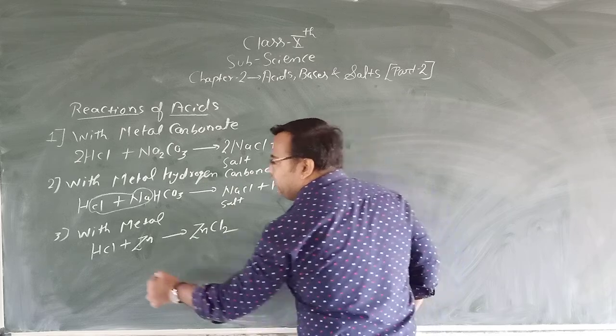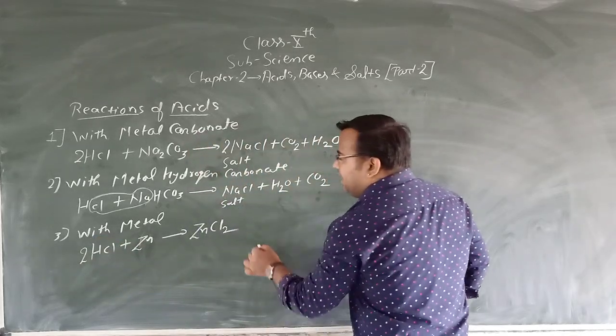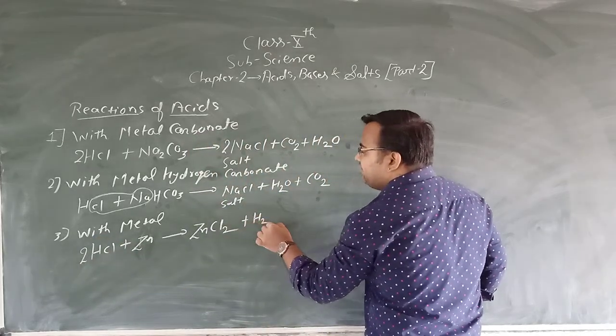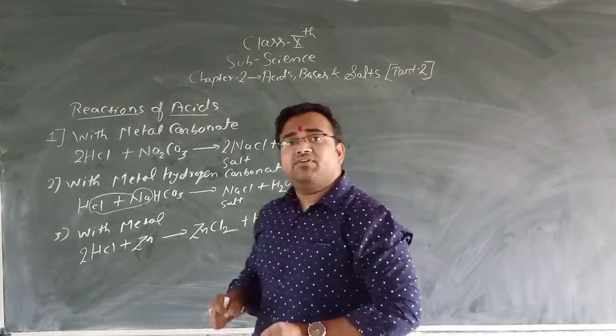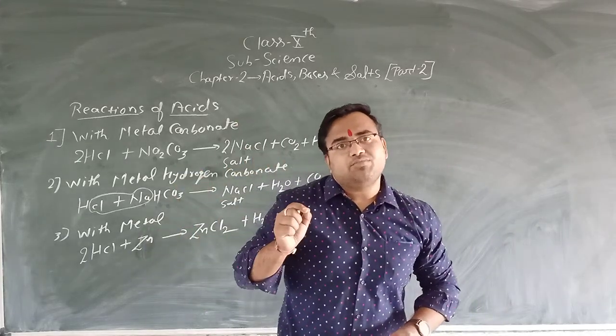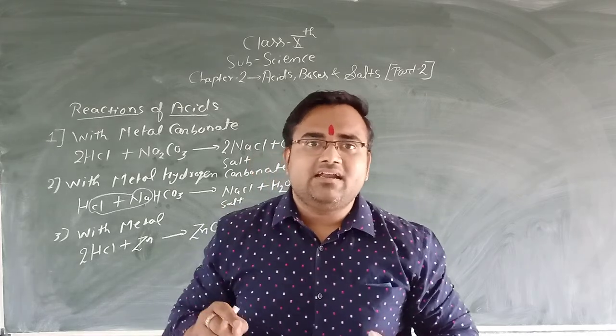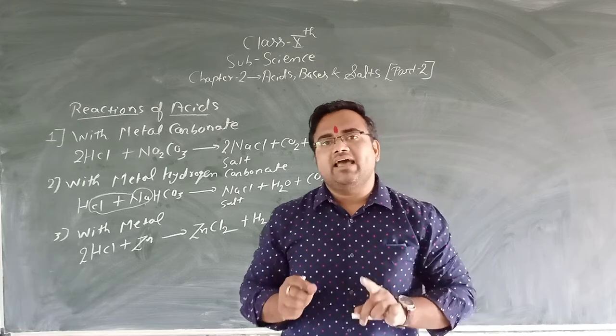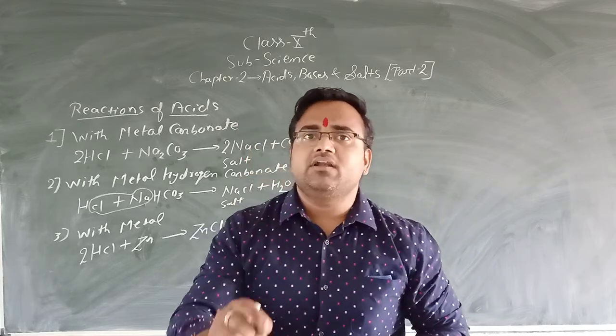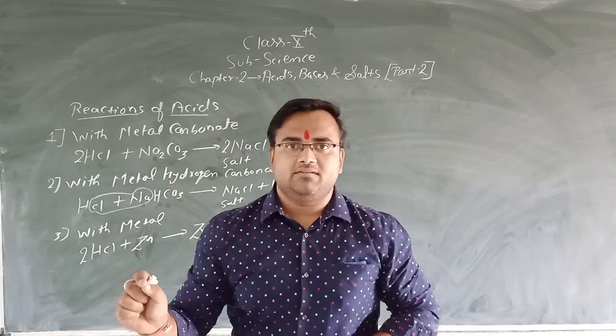It will give zinc chloride and hydrogen gas is released. Whenever acids are treated with metal, keep in your mind that hydrogen gas will be released. Hydrogen gas is always released whenever acids are treated with metal.